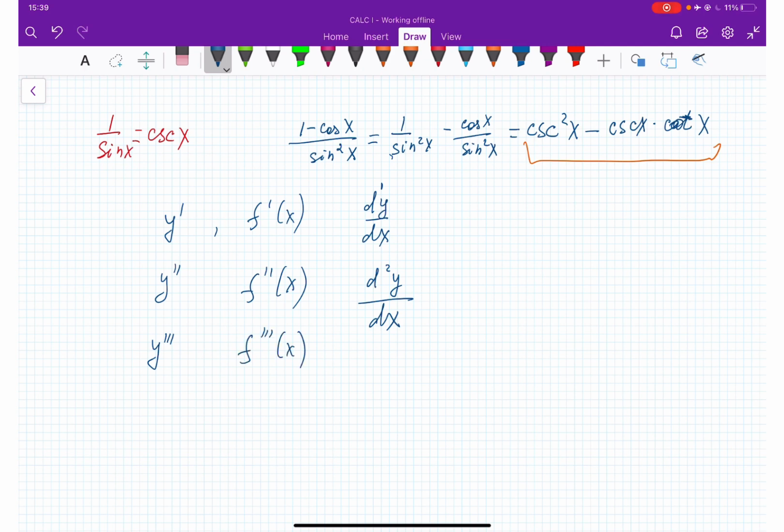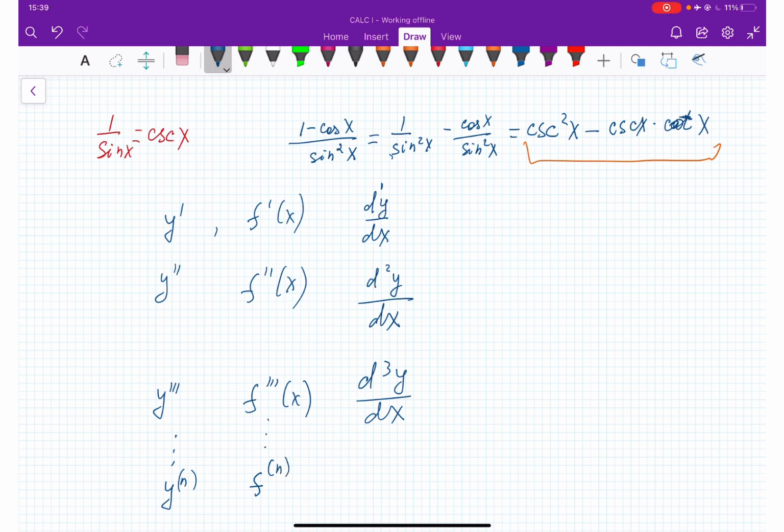And here I will have d third degree y over dx cubed, and so on, which means if I have the nth degree, it's going to be f in parentheses, nth degree, of x, and d nth degree of y over dx to the n.